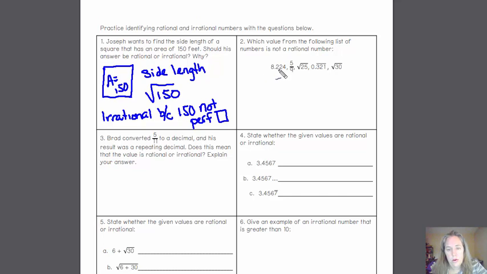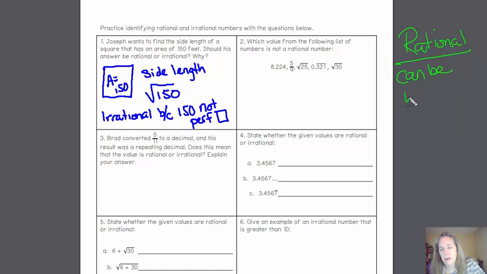Which of the following list of numbers is not a rational number? Okay, so a rational number can be written as a fraction. We'll just write that over here for now. Rational can be written as a fraction.